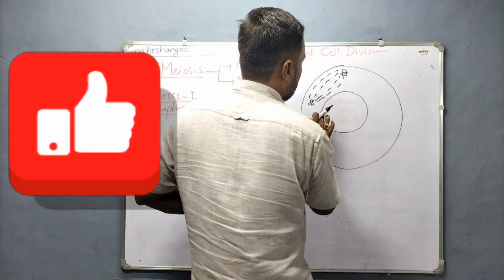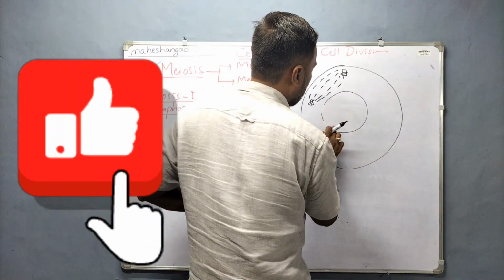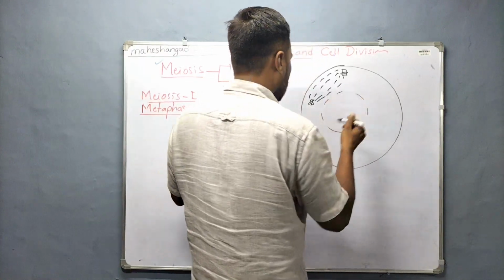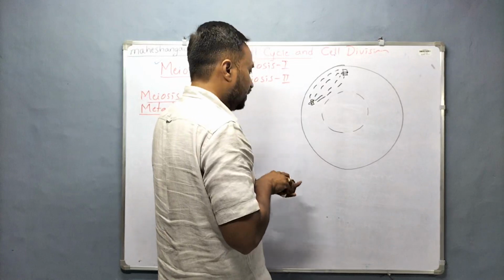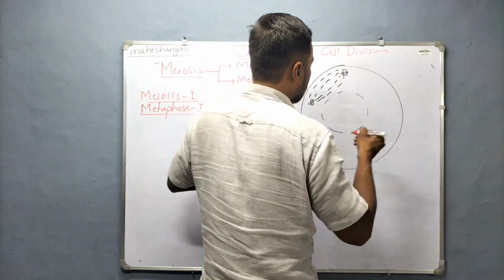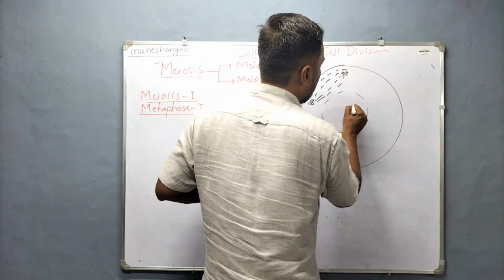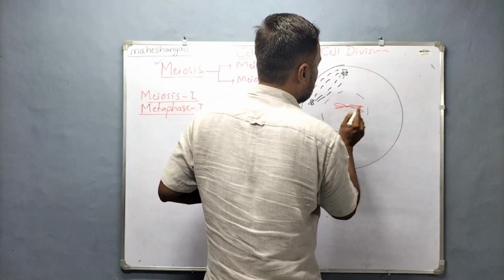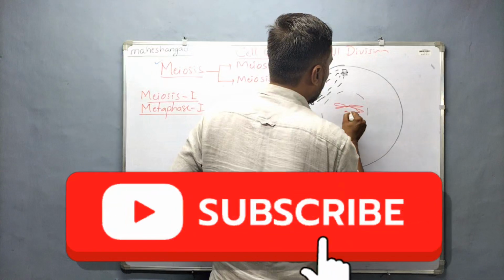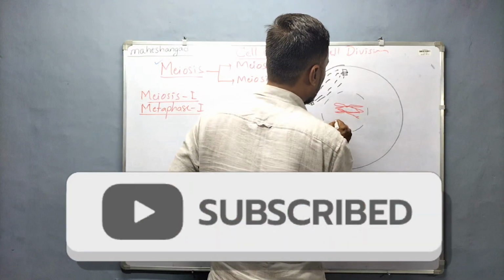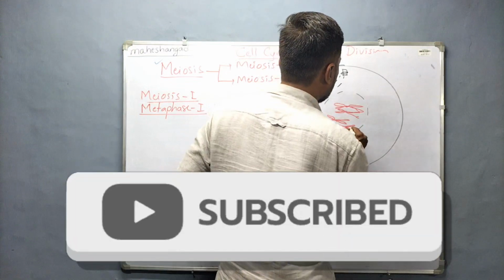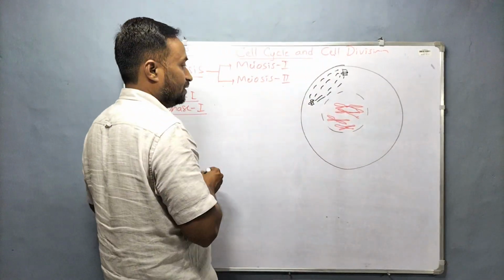Then the nuclear envelope disappeared, the chiasmata got separated, and the meiotic spindle formed. All these things took place in diakinesis.